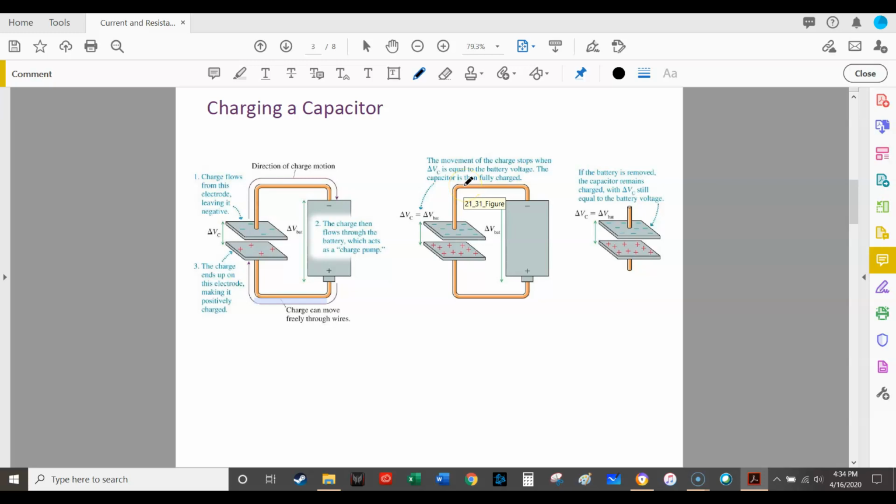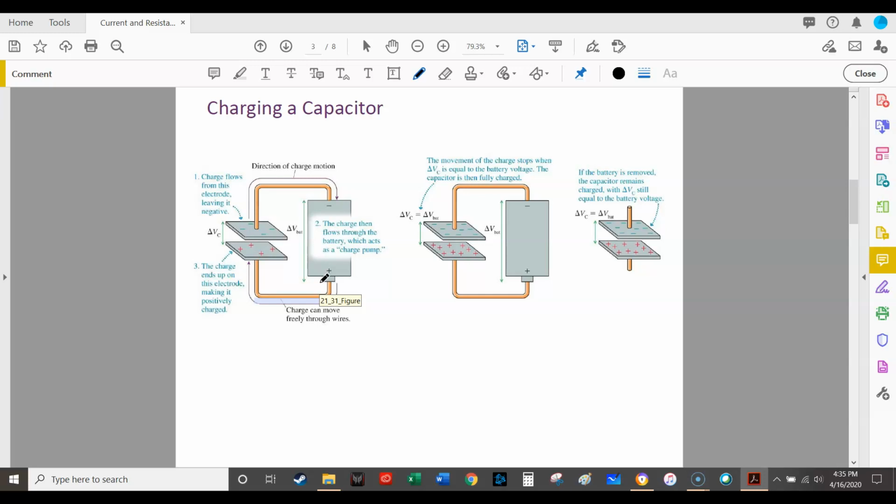So, how is a capacitor charged? How do capacitors build up charge?